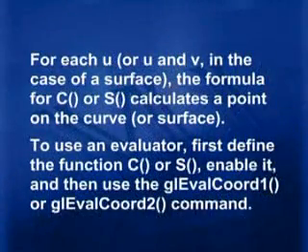For each u, or u and v in case of the surfaces, the formula for C or S calculates a point on the curve or the surface, and that is known as an evaluator that would be available to us as a function in OpenGL. To use an evaluator, first define the function C or S, enable it, and then use the glEvalCoord1 or glEvalCoord2 command.